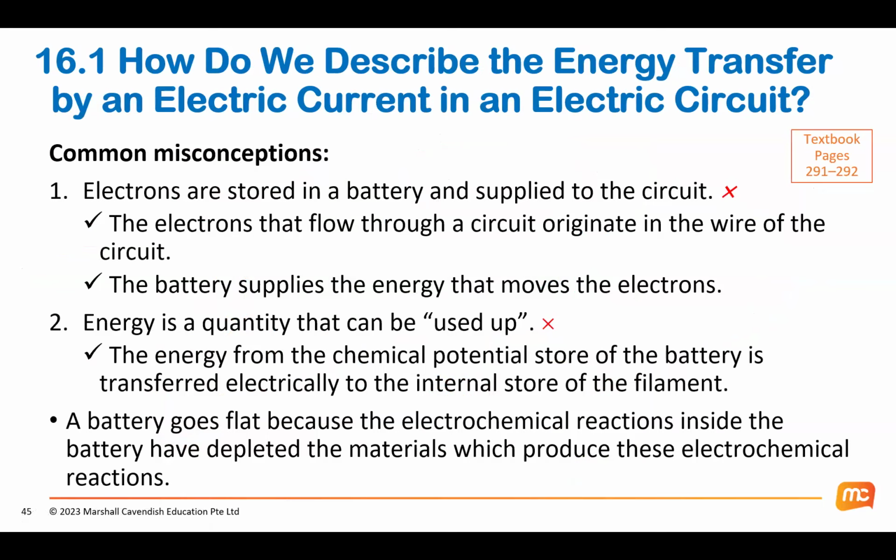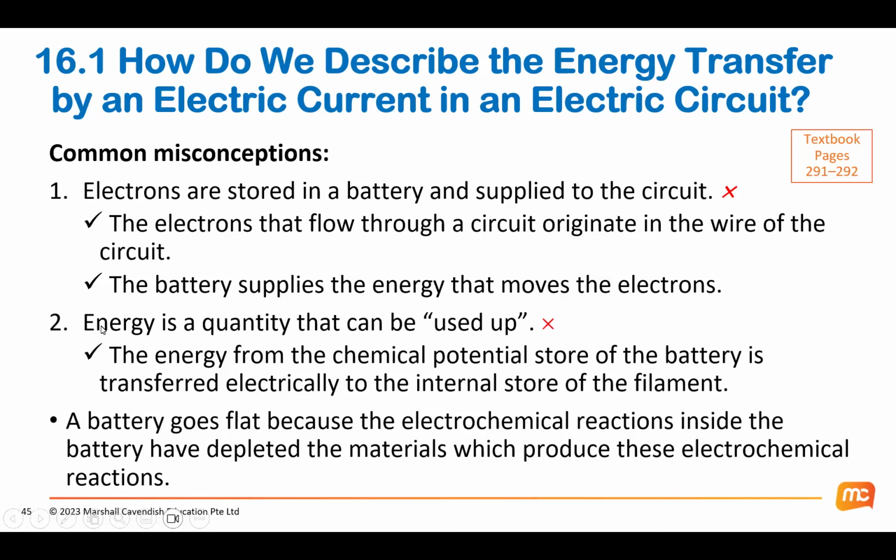Okay, this one we have mentioned in the first part. Electrons are already present in the wires, in the light bulb, and everywhere. Charges do not come out from the battery. Okay, so electrons that flow through a circuit originate in the wires of the circuit already. The battery supplies energy to move the electrons, not supplying electrons or charges.